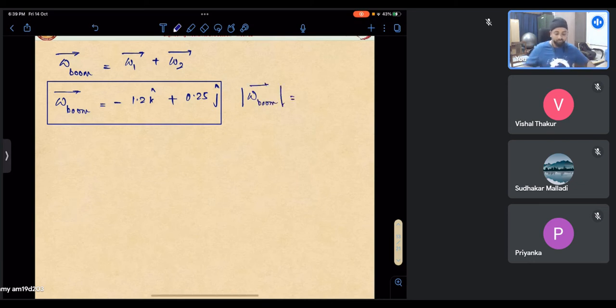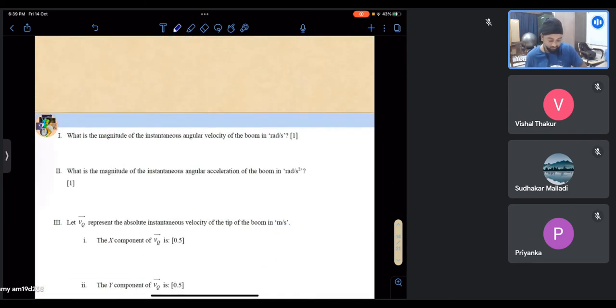It comes to 1.23 radians per second. So I have my angular velocity as 1.23 radians per second in magnitude.